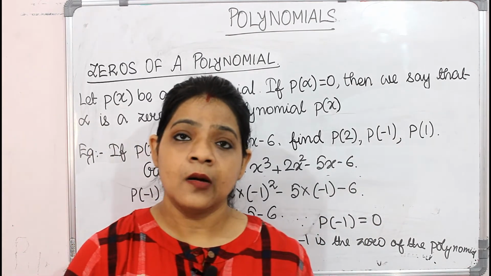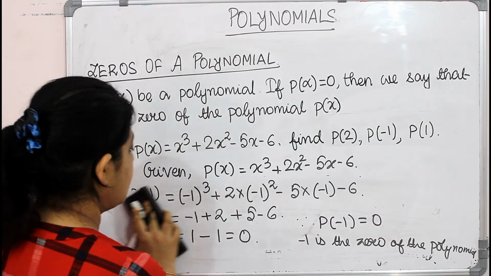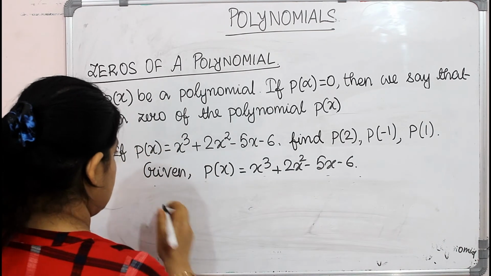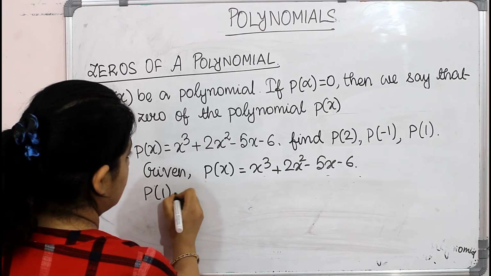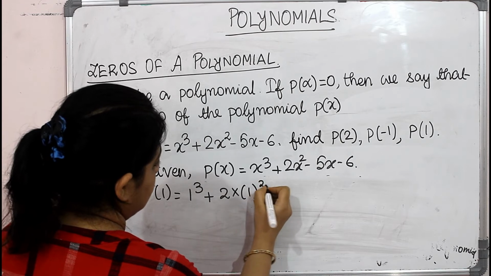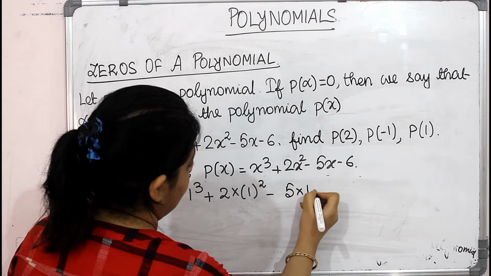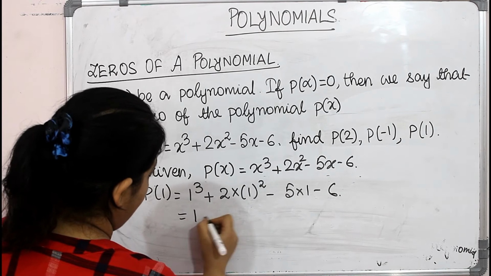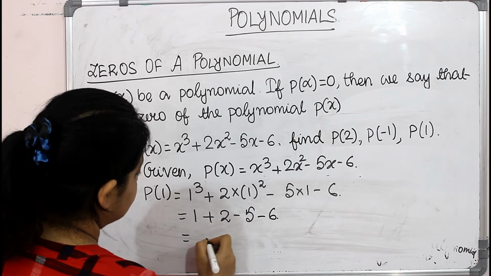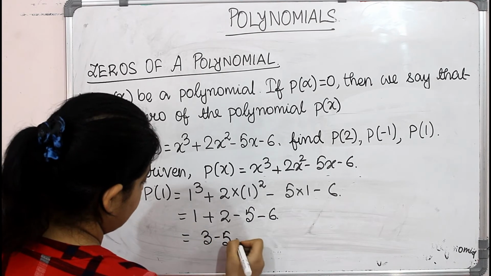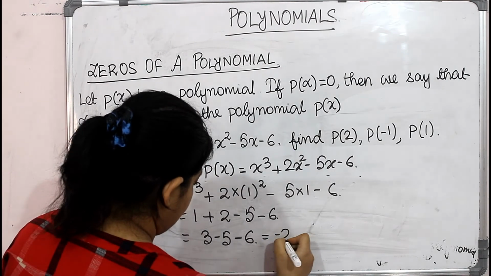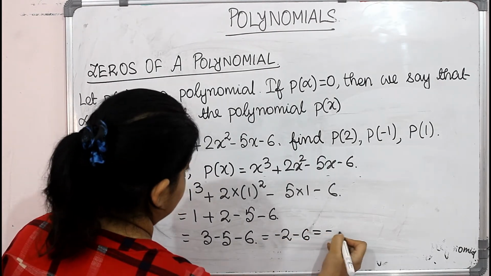Now let's take p(1) and see what the result is. p(1) will be 1 cube plus 2 into 1 square minus 5 into 1 minus 6. So this will be 1 plus 2 minus 5 minus 6. 1 plus 2 is 3, minus 5 is minus 2, minus 6 is minus 8.